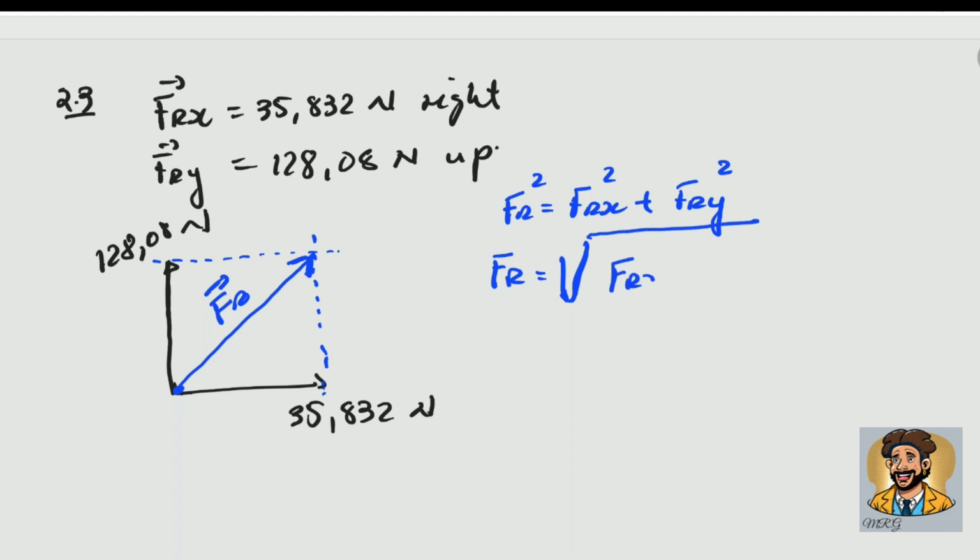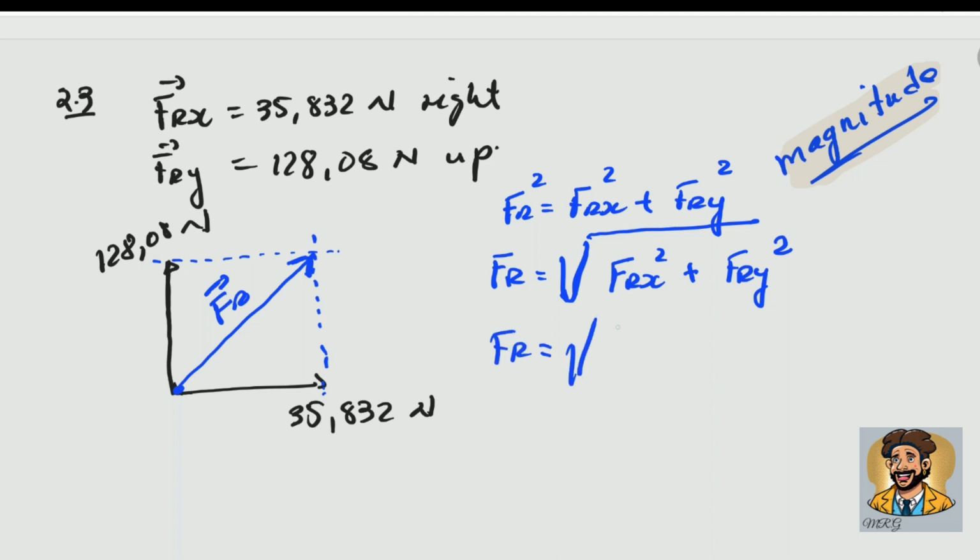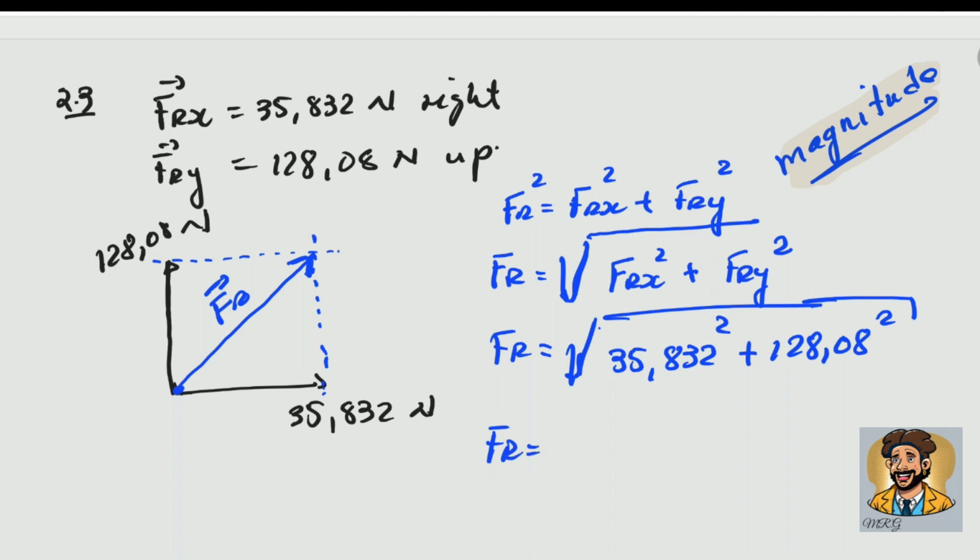This is how we calculate the magnitude of the resultant force, okay? So the rest is substituting, and we get that the resultant force is 133 Newton. This one is just the magnitude.